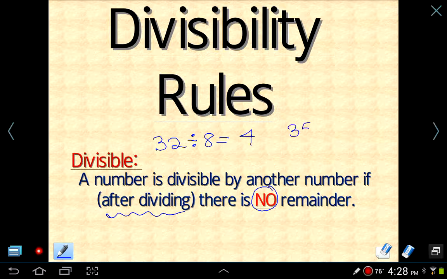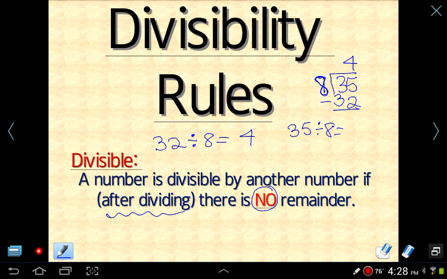35, however, divided by 8, that does not come out cleanly. You get a decimal. If I were to do it using the traditional division algorithm, oops, that's 8, not 7. 8 divides into 35 4 times. 4 times 8 is 32.